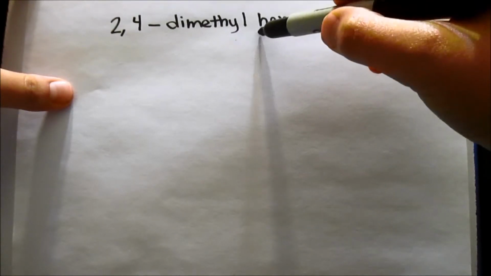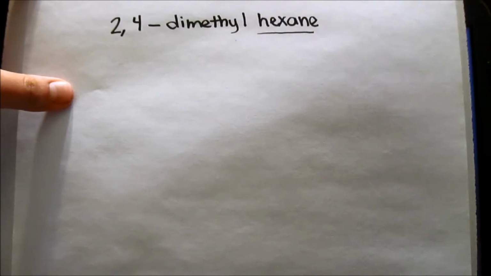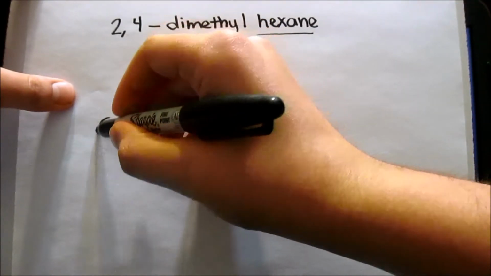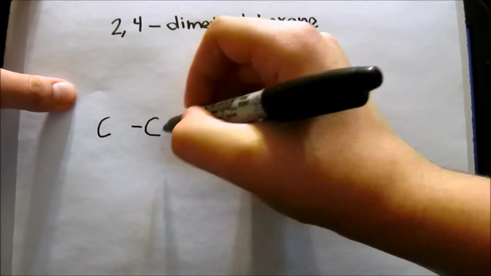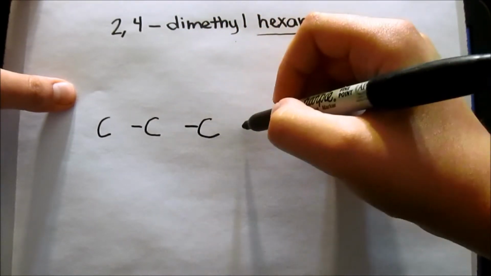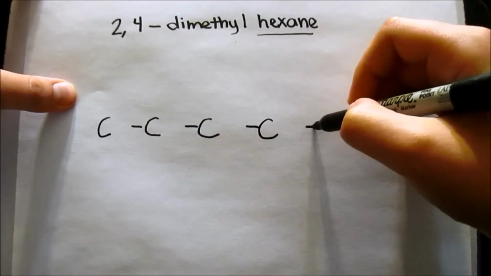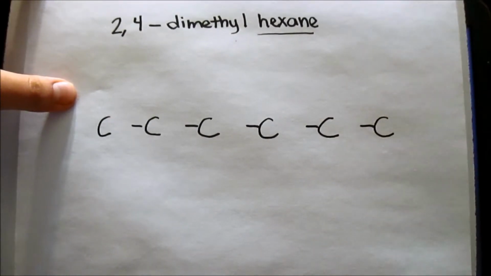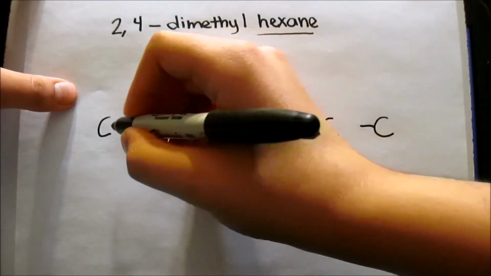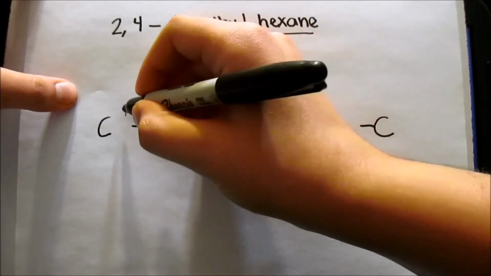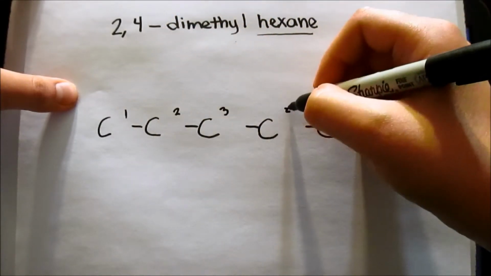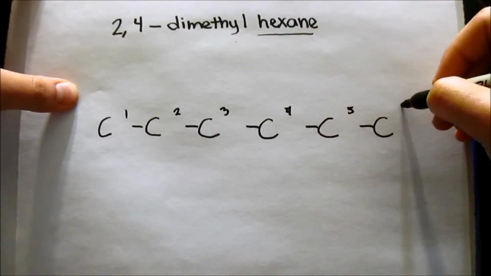So here we have hexane, so it has 6 carbons. Here 1, 2, 3, 4, 5, 6. Okay, draw the parent chain and number the carbons. So here is carbon number 1, 2, 3, 4, 5, and 6.